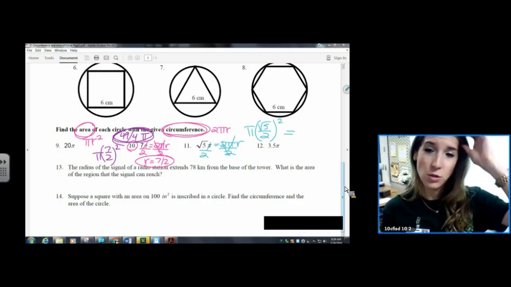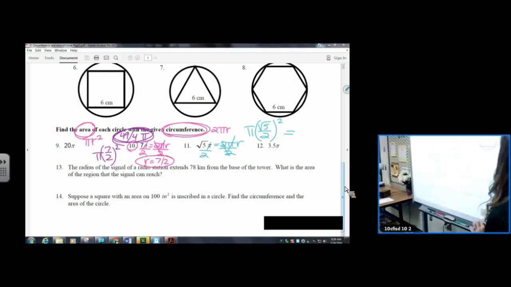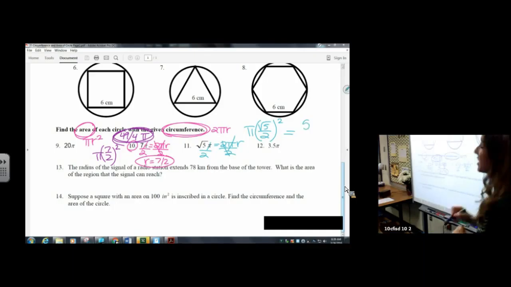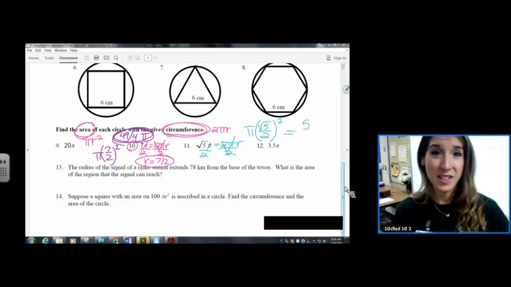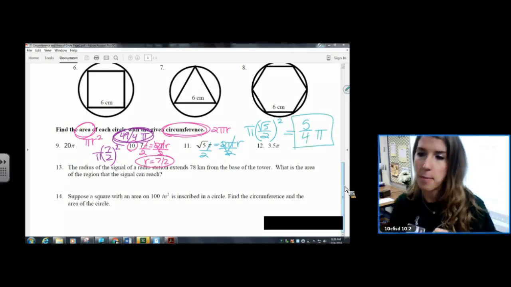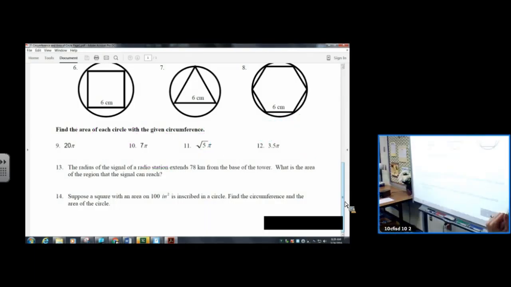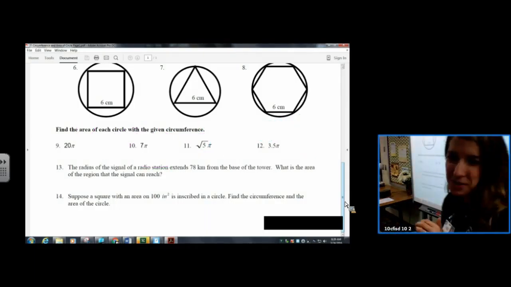The way that works is you square both the numerator and the denominator. The square root of 5 squared is just 5. The square root and the squared cancel. And then 2 squared is 4. And don't forget to multiply it by pi. So 5/4 pi.